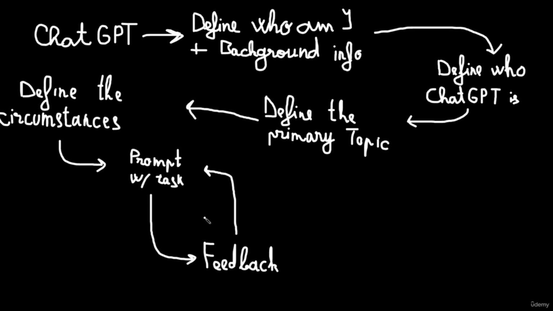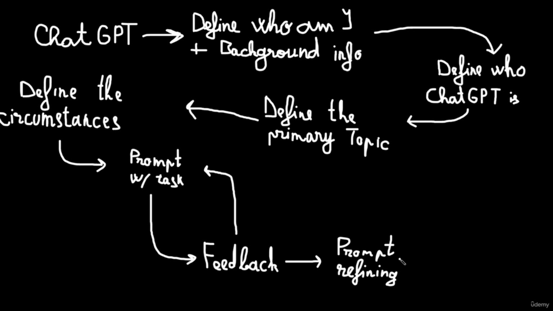And after you go through a series of iterations and feedbacks, you can go to prompt refining in the case that ChatGPT is not understanding what you want from him. Maybe the prompt wasn't good enough. So you go ahead and you rewrite the prompt with the task properly.